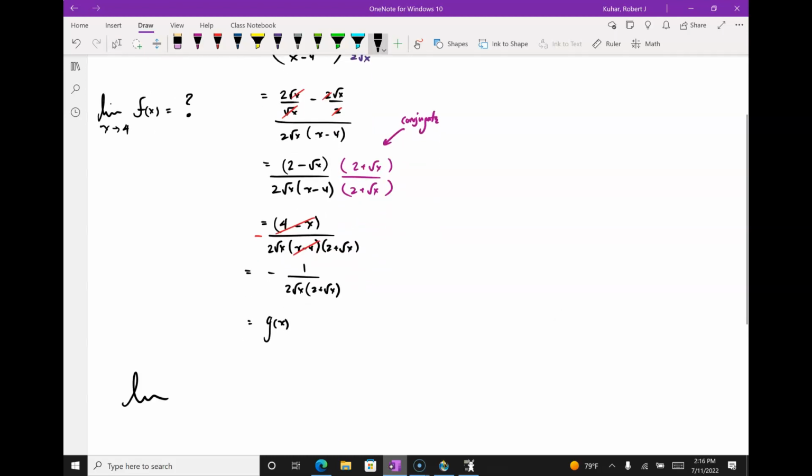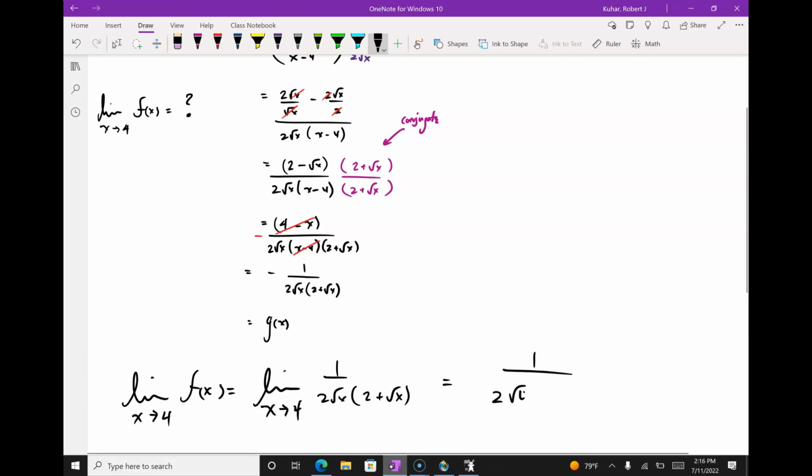So I'm looking at the limit as x goes to 4 of f of x. Turns out to be the limit as x goes to 4 of my g of x, 1 over 2 rad x times quantity 2 plus rad x. And now all of a sudden I can plug in, right? I can plug in the 4.